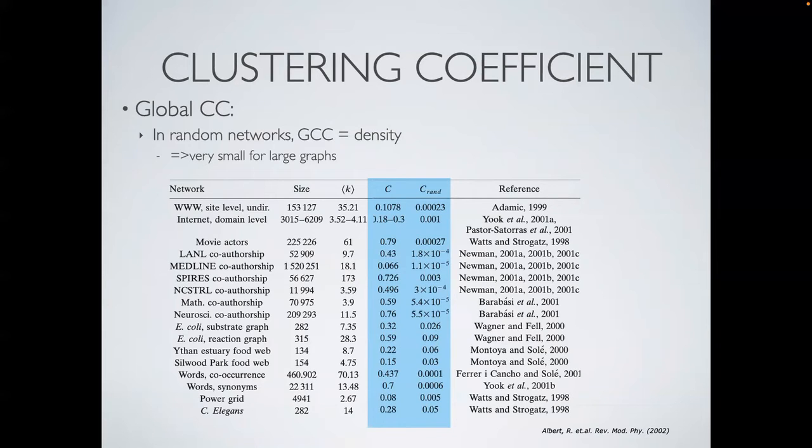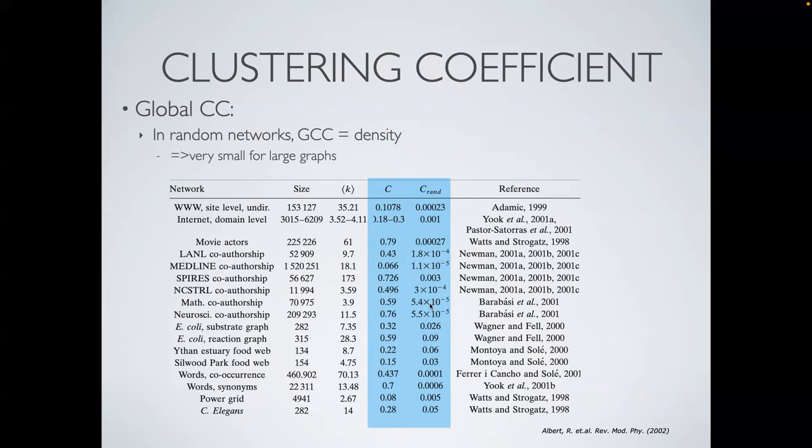So here are some examples of the global clustering coefficient on some networks. This comes from this paper. You have many networks here which are analyzed with their size, their average degree, and here they compare the clustering coefficient which is observed in the network with the clustering coefficients computed on a random version of the same network.